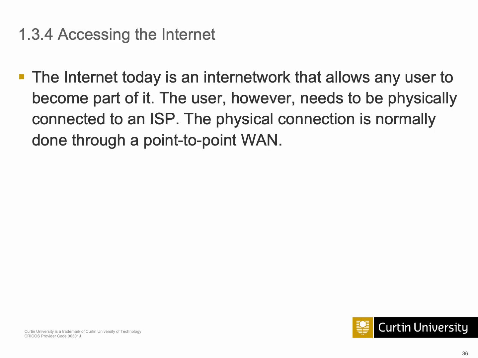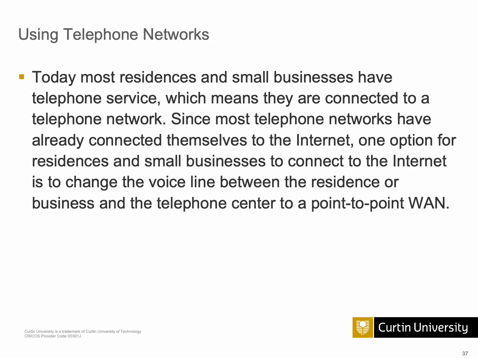When we need to access the Internet, we need to be physically connected to an ISP. The physical connection is normally done through a point-to-point WAN, like a telephone network, cable network, or wireless network. If you are using the telephone network, that is the most common way to connect to the Internet.